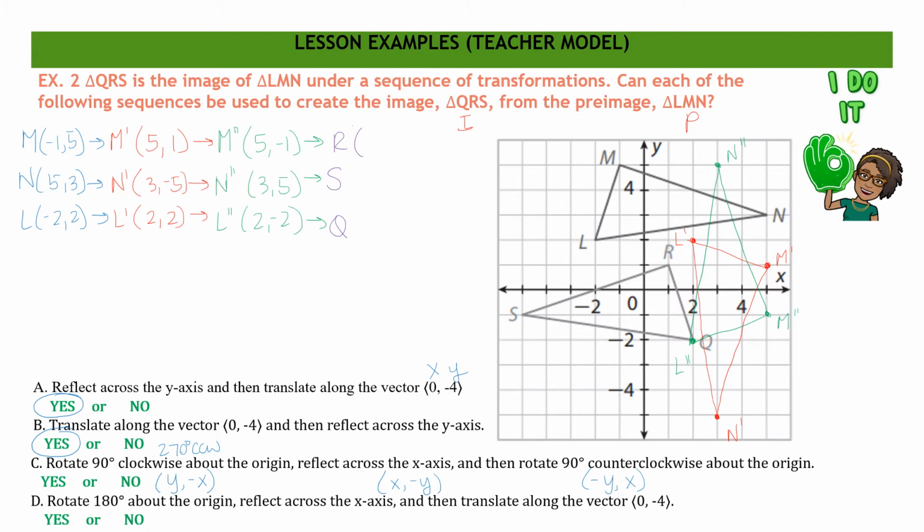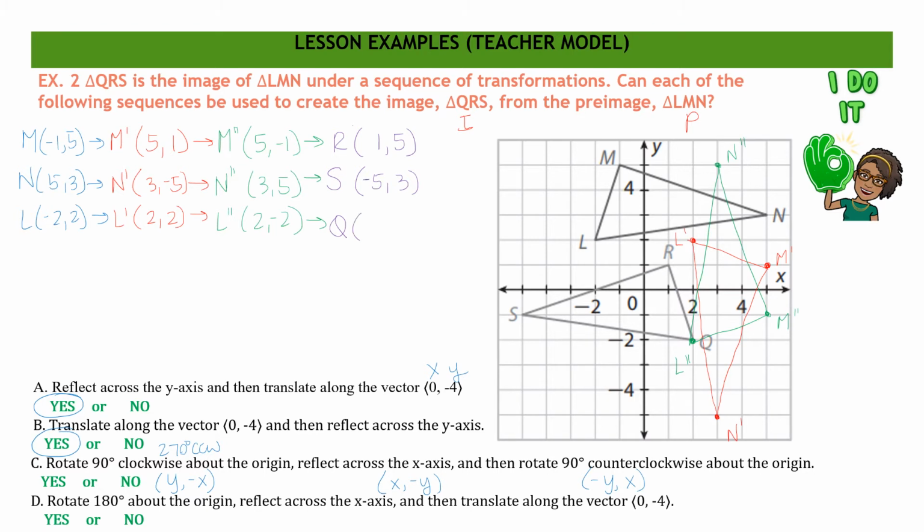So if I am applying my counterclockwise rule for 90 degrees rotation, my Y is opposite and my X stays the same after I flip. So if I flip them, I have -1, 5, and then we take the opposite of the Y, so that's going to be positive. For S, I flip them, so I have 5, 3, and our Y becomes negative.